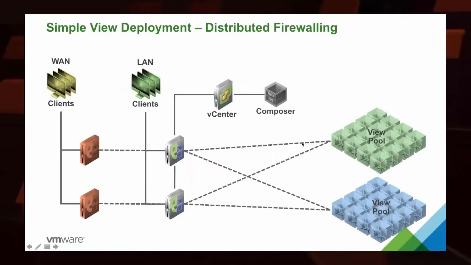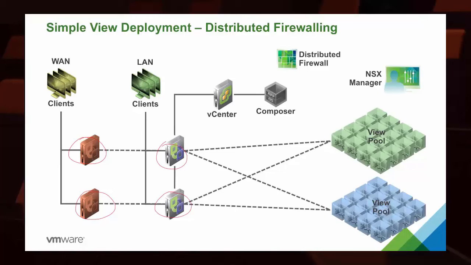So if we looked at a basic deployment, we have here a couple pools. We have Composer, and we have our vCenter, and we have our connection servers in place here. So connection server 1 and 2, and we have our security servers 1 and 2. So the admin would go into the NSX manager, would create a distributed firewall.